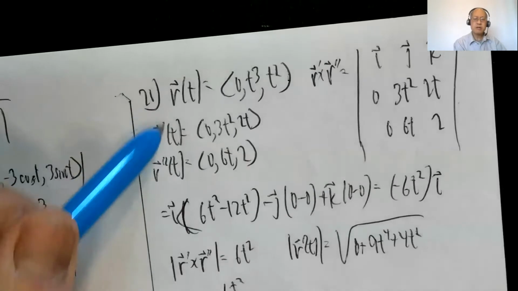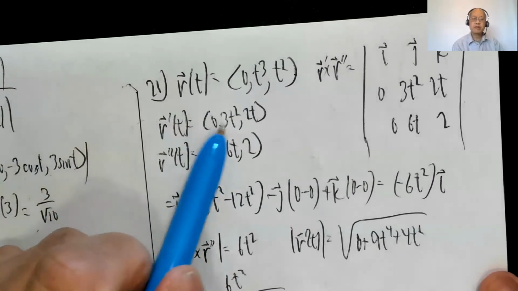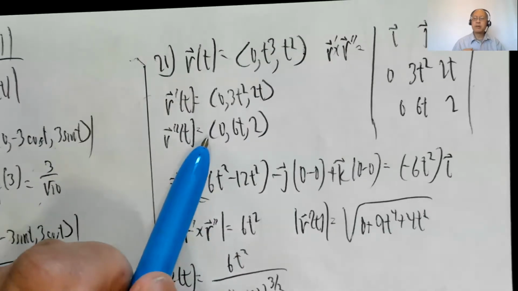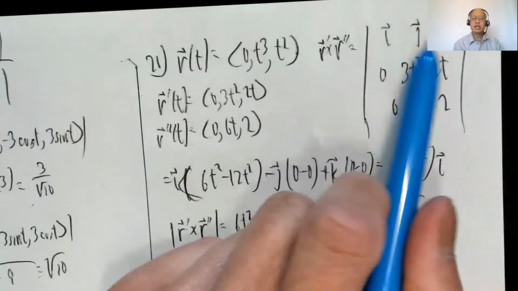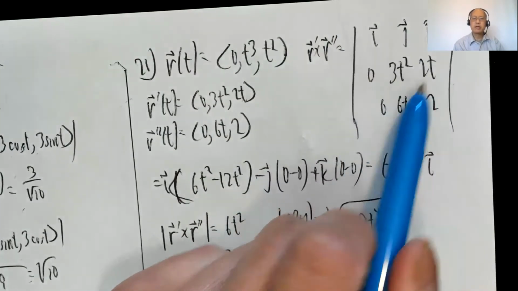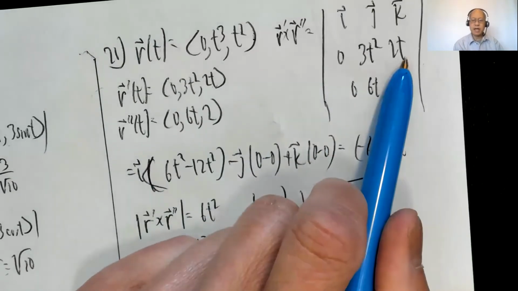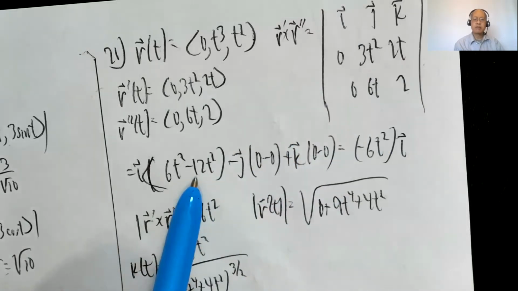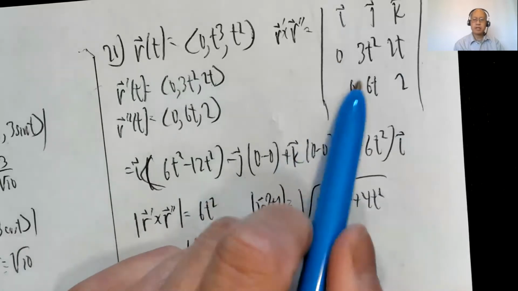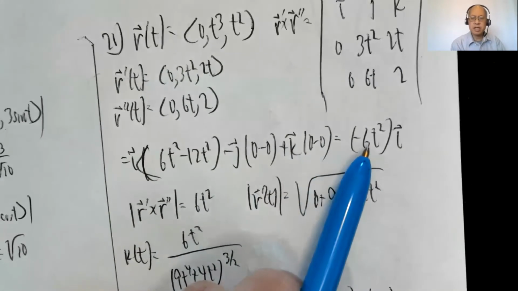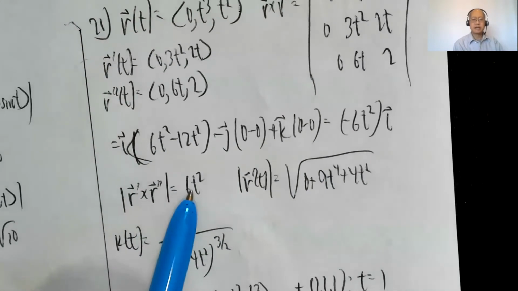Okay, 21. This was r. Okay, so r prime, 0, 3t squared, 2t. r double prime, 0, 6t, 2. Take the cross product, i j k, 0, 3t squared, 2t, 0, 6t, 2. So the i component is that minus that, 6t squared minus 12t squared. j component is nothing minus nothing. k component is nothing minus nothing. So just negative 6t squared, whose magnitude is 6t squared.